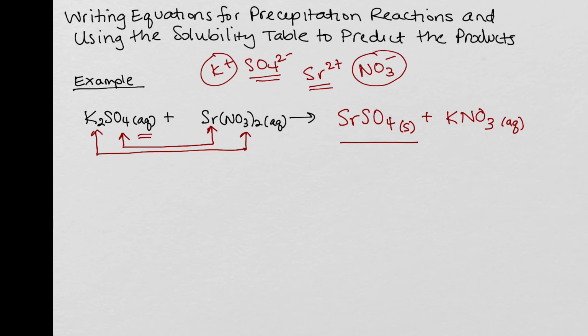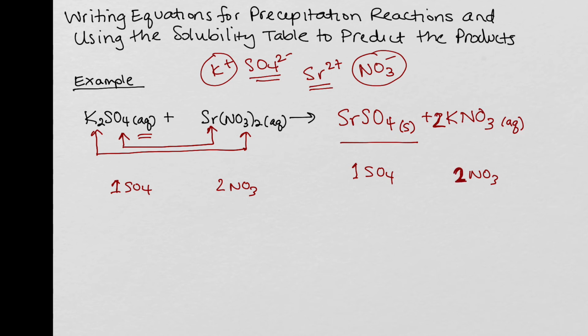One of the rules was if we have polyatomic ions, that's something we can look at first to balance. If I look at sulfate, SO4, I have one SO4 on this side and one SO4 on this side. If I look at nitrate, I've got two nitrates on the left-hand side, but only one nitrate on the right-hand side. So if I put a coefficient of 2 here, now I would have two nitrates. And that also changed my number of potassium.